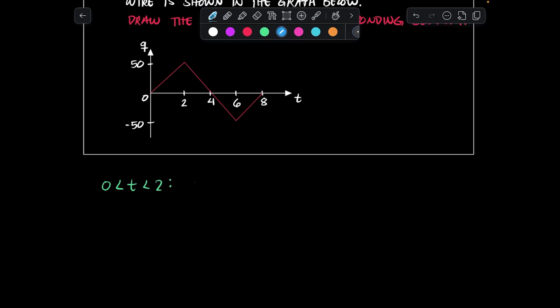And we'll use this formula here to find the current. I equals the derivative of Q with respect to time. So really all this means is that this numerator is equivalent to the change in Q, over our denominator, which will be the change in time. So here, between 0 and 2, we start at 0 on the y-axis and we end up at 50.